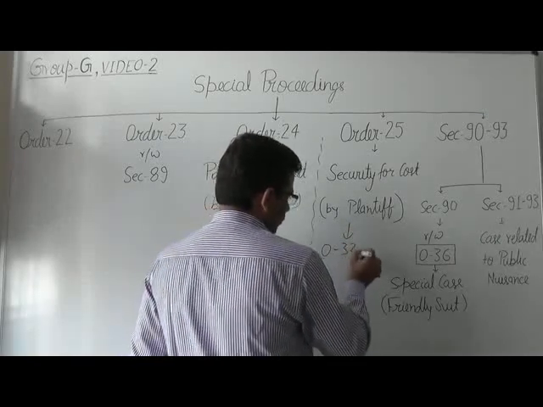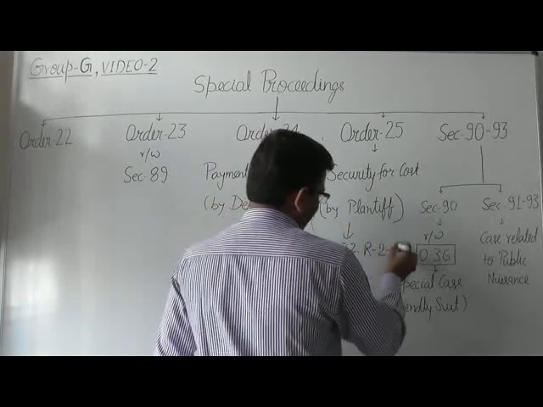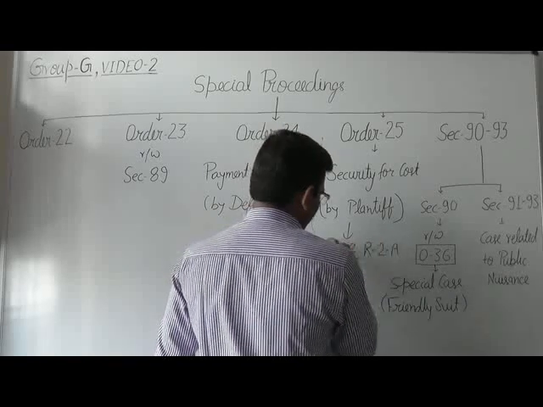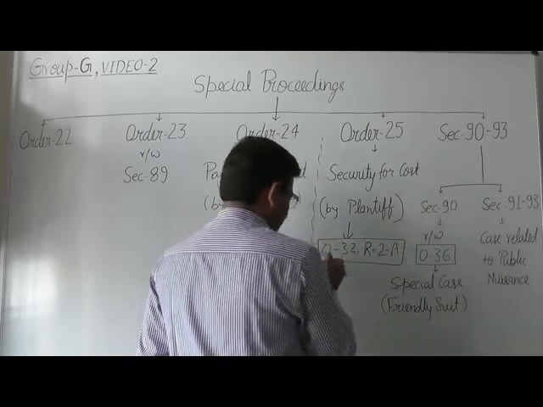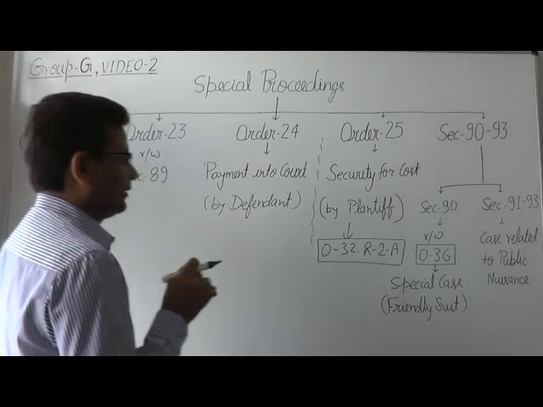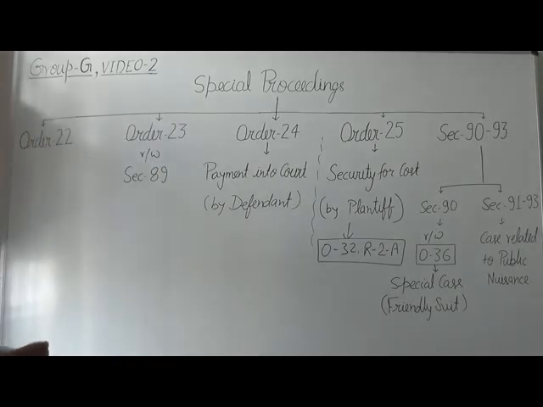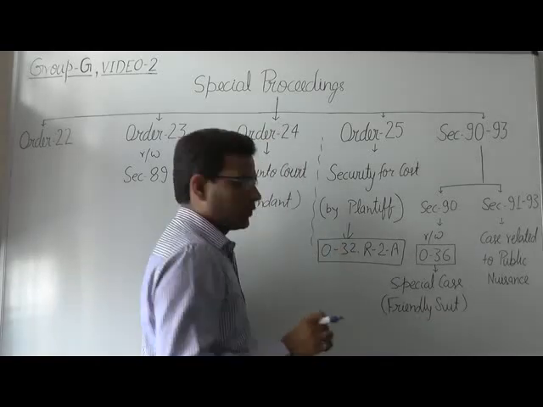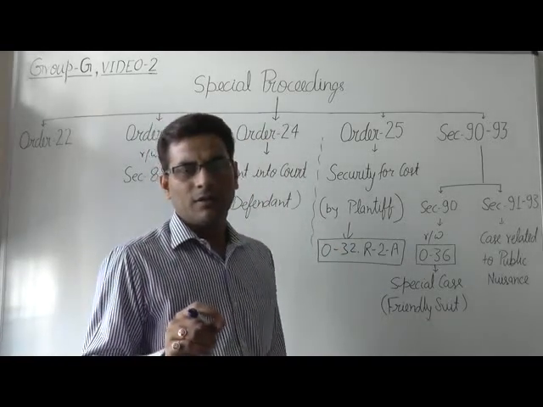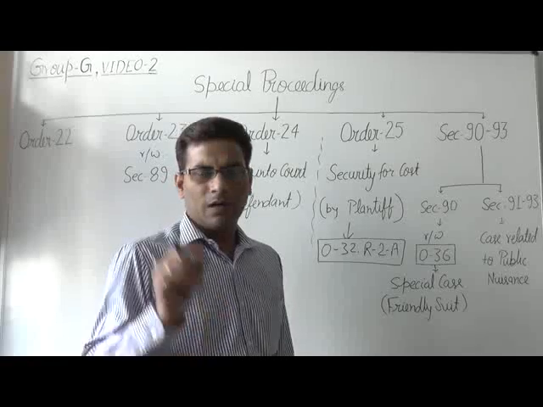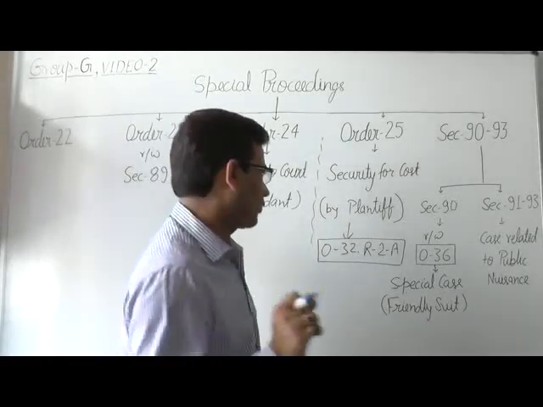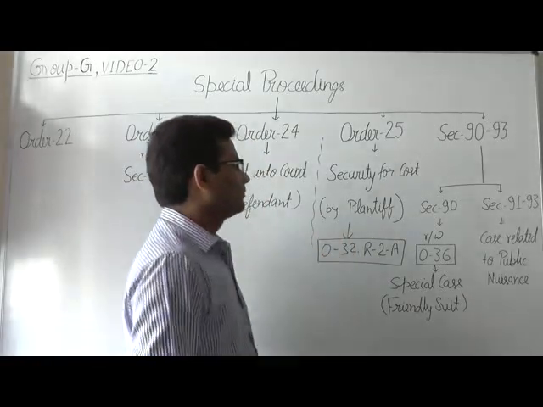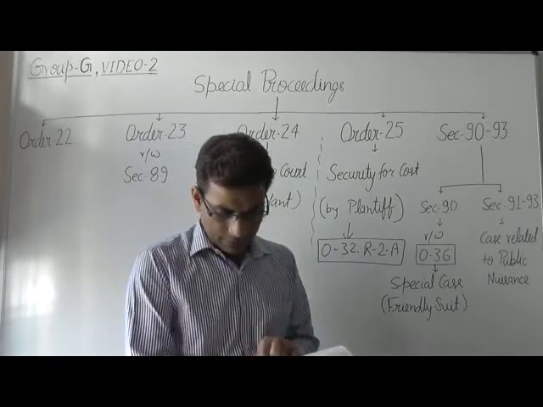Order 32 Rule 2A must be read with it. Even cost may be demanded from the next friend if a suit is instituted by a next friend under Order 32. So what will the proceeding be?